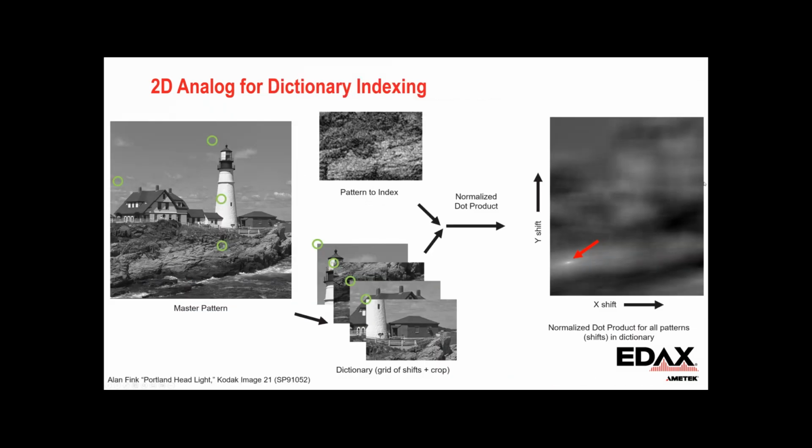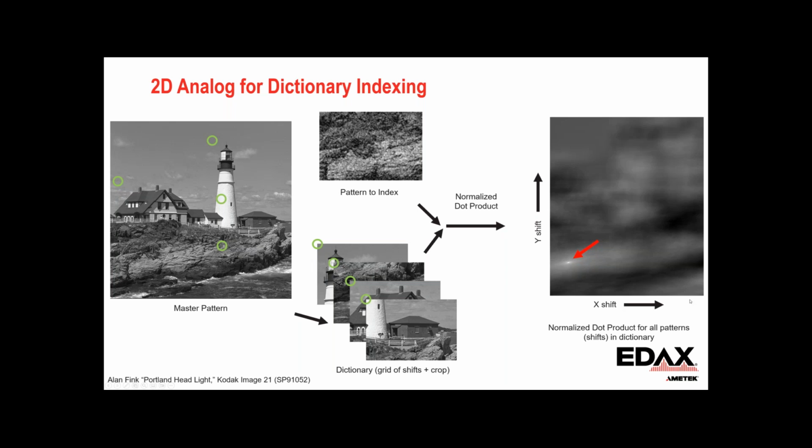And so if we were going to do dictionary indexing on this 2D analog, we would start with some pattern that we want to index, and we would generate all possible crops of our input image and do the dot product. And that's what I'm showing on the right here, is for each origin of the cropped image, what's the dot product between that cropped image and this one I have on the top.